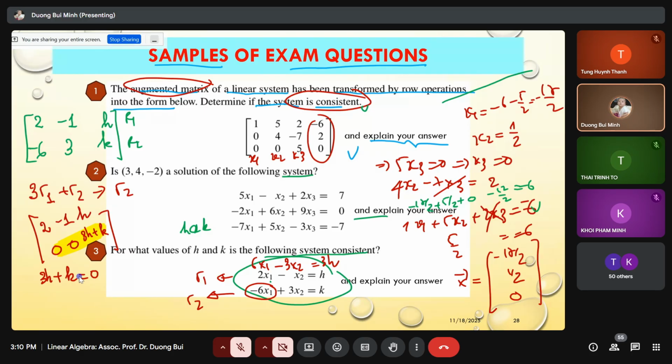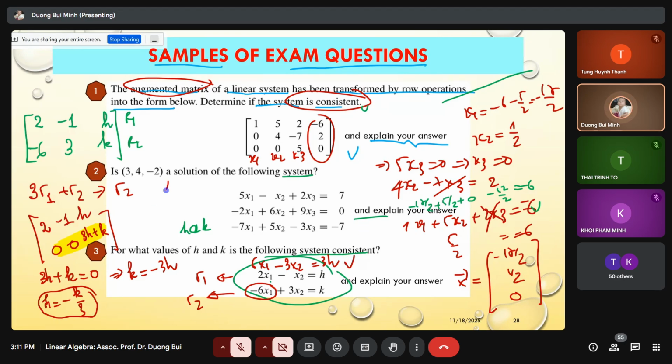To be 0. That means k is minus 3x, or x is minus k over 3. So if we have the condition x is minus k over 3, this system is consistent.